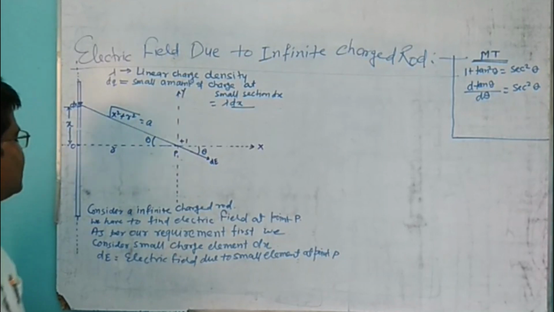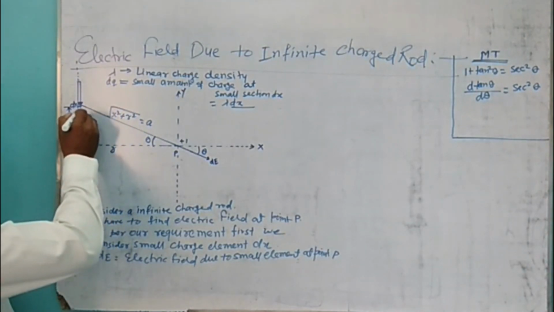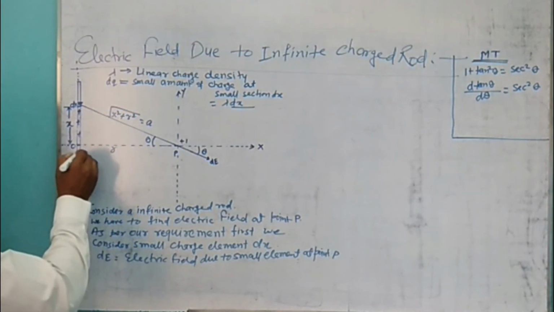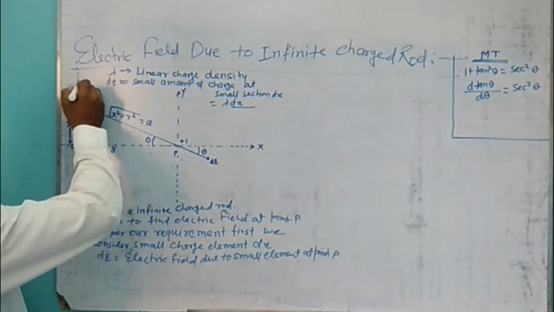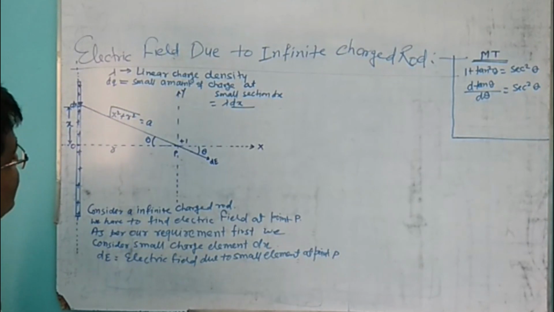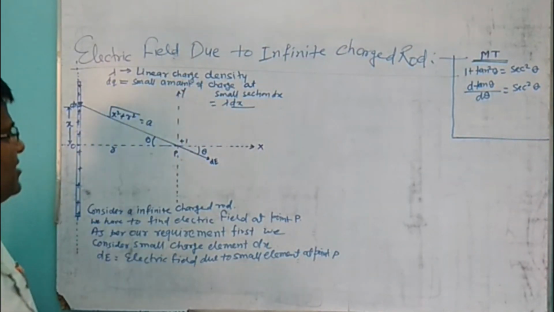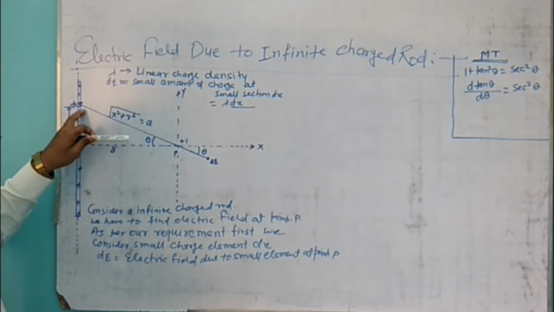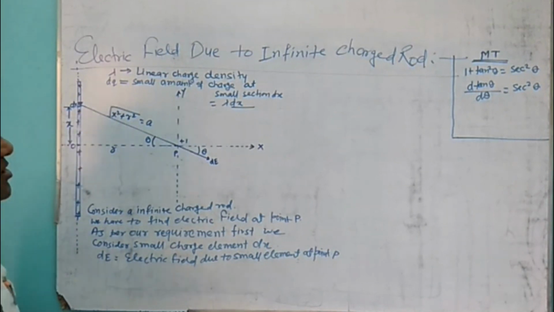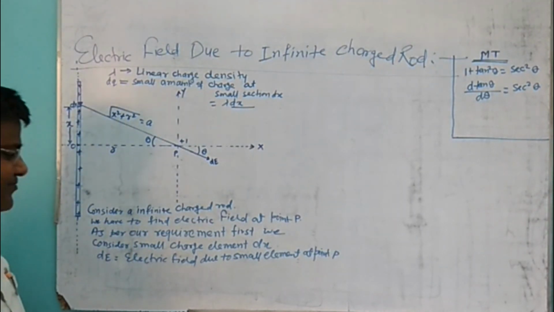For this purpose, I consider a charged rod of infinite length, whose linear charge density is represented by lambda, and dq is the amount of charge at the section dx.